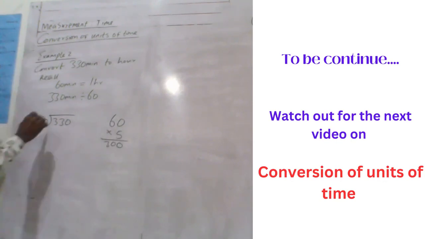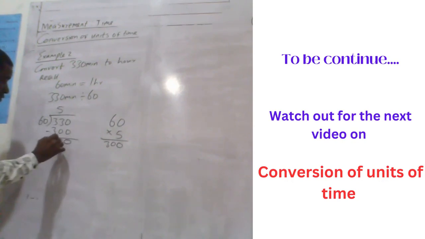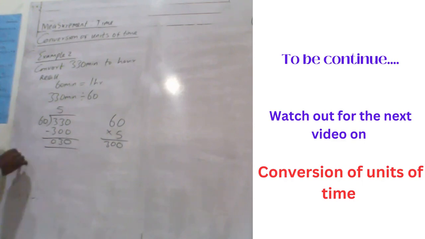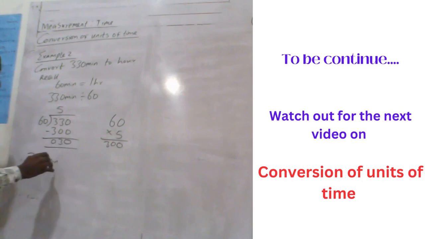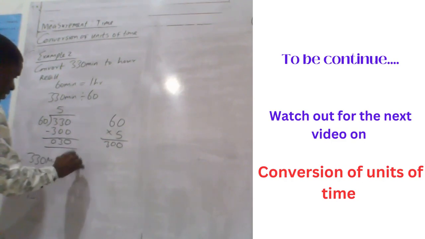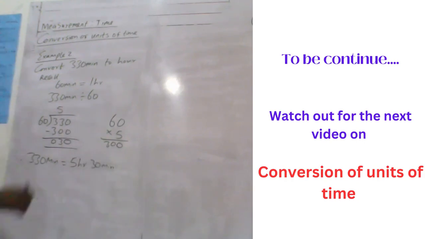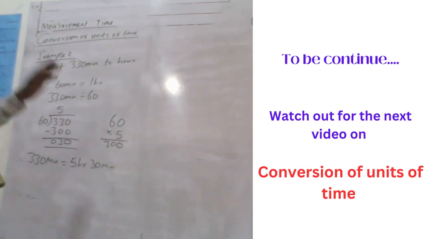So you can go 5 times. 5 times 60 is 300. Subtract: 0, 3, 0. Therefore, 330 minutes equals 5 hours 30 minutes. So this is how to convert from minutes to hour.